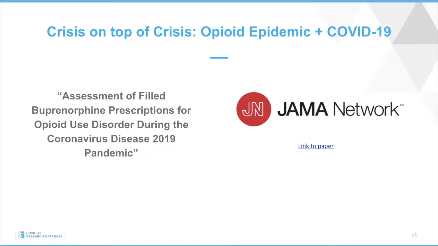So what you can see is there's both examining the direct effects and the direct impacts of the pandemic, as well as the indirect effects. So all of that is fair game. Obviously everything in the COVID-19 database has to be COVID related, so something to keep in mind, but indirect effects are more than welcome, not just the direct impact research.